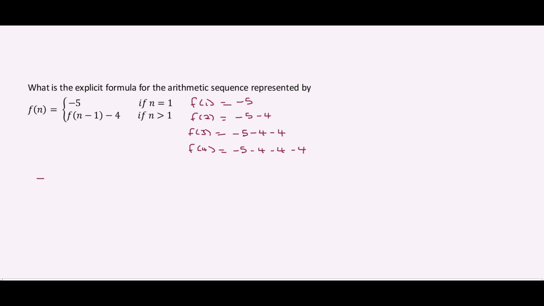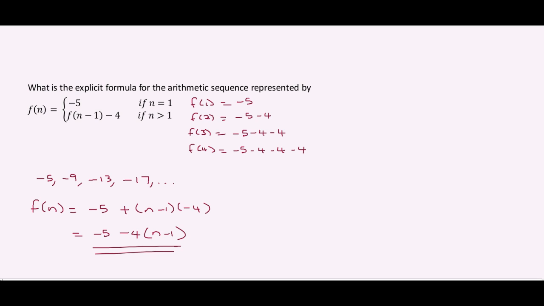We have negative 5, and then negative 9, negative 13, and then negative 17, and we continue infinitely. And so our function is going to be f of n is equal to negative 5 plus n minus 1 multiplied by negative 4. So this is negative 5 minus 4 multiplied by n minus 1. So this is our explicit formula.